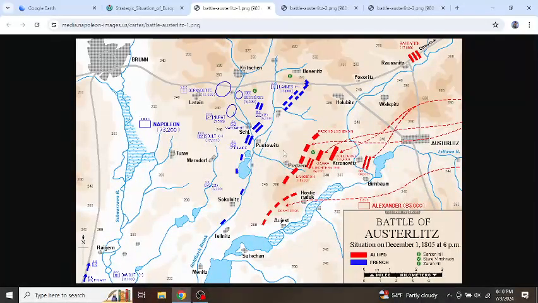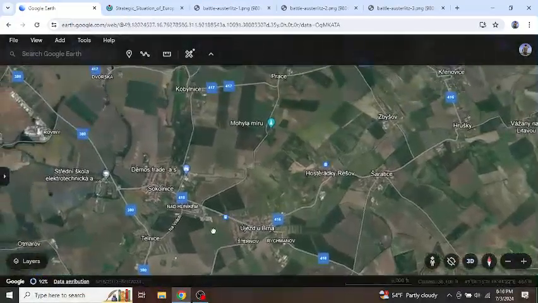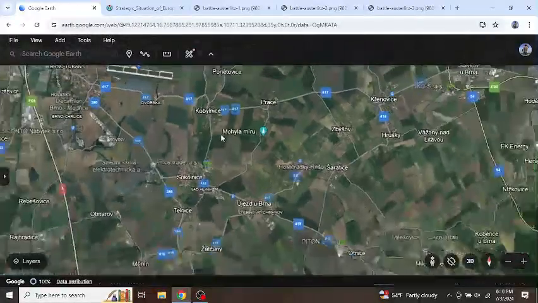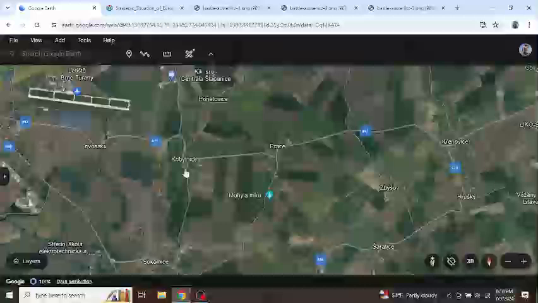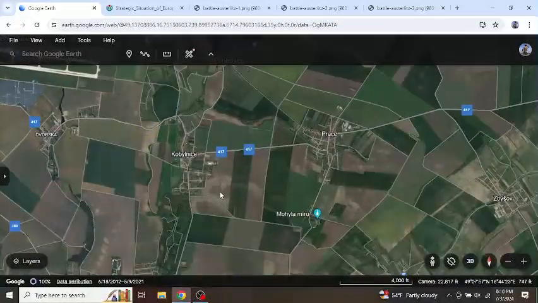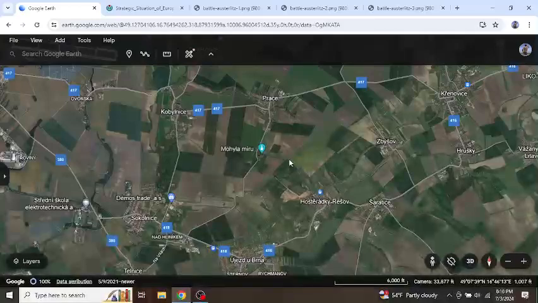The other component of this is that, and none of my maps are super good at this, I probably should have done a better job of stating this sooner, but in the morning in this area, it's very foggy. So again, we'll flash over. The Pratzen Heights is roughly this area here.